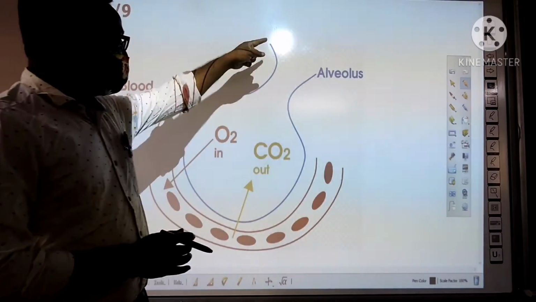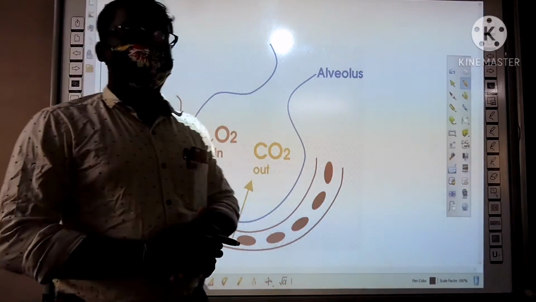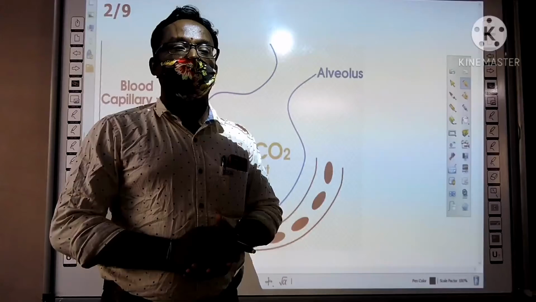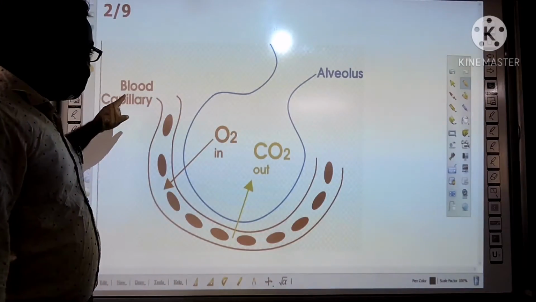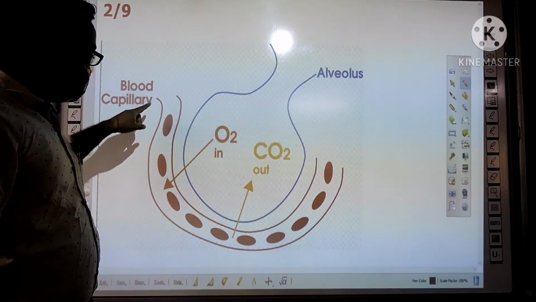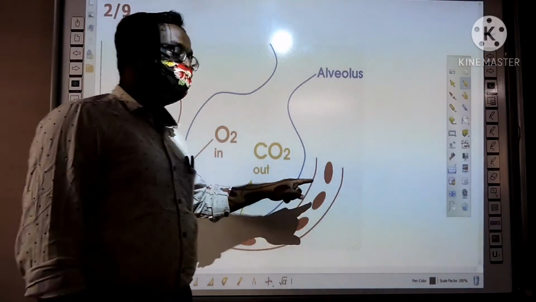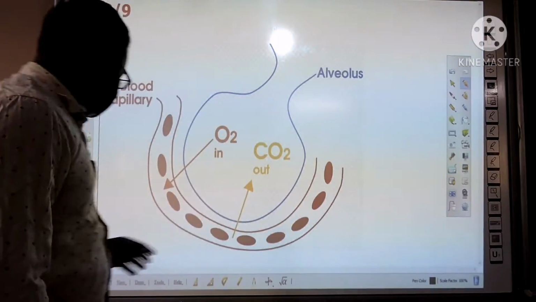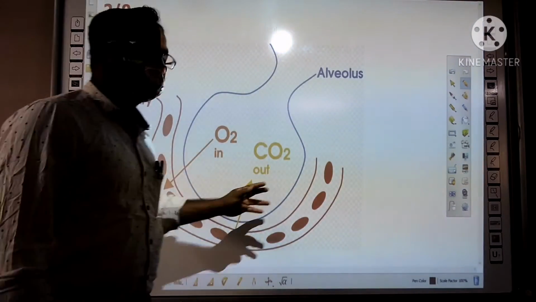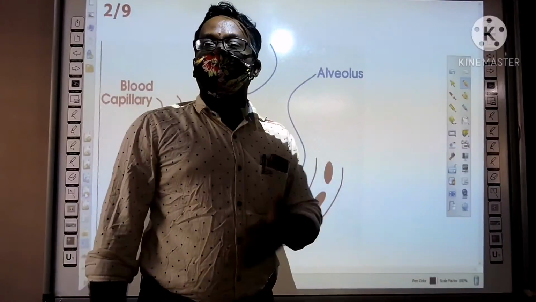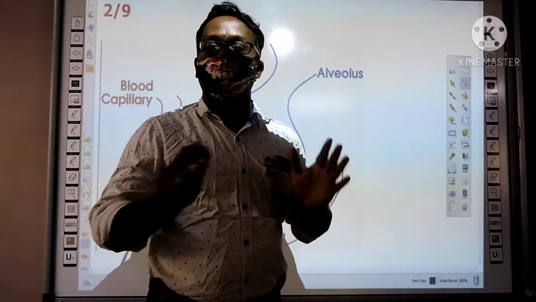So the oxygen finally enters the alveoli. Here, the blood capillaries bring the blood which is rich in carbon dioxide. Why? Because in the respiration process, carbon dioxide is produced.